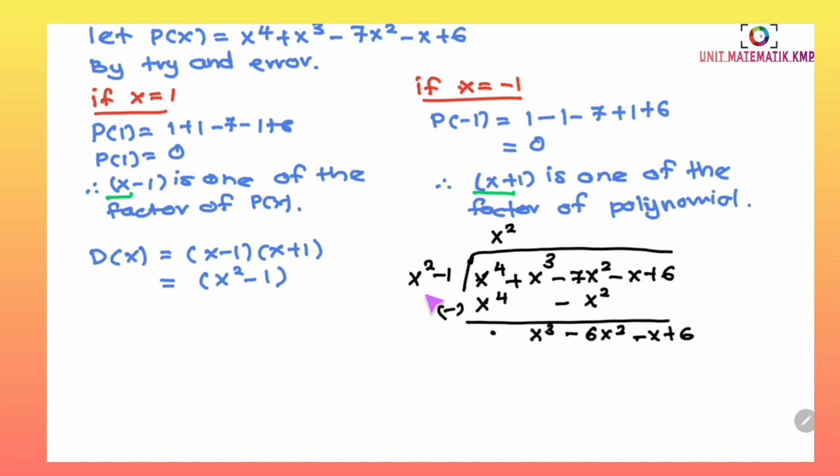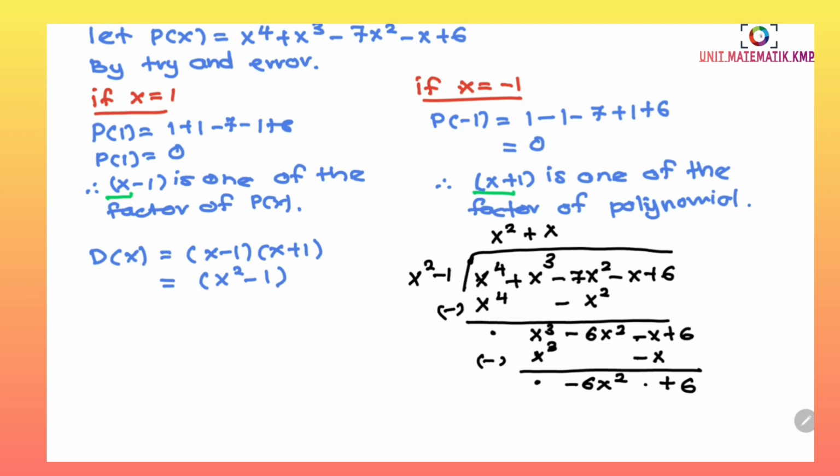So x squared times what equals x power 3? x squared times x, right? So here we have x power 3. x times negative 1 is negative x. Subtract, we have 0 here. Here is negative 6x squared plus 6, right? Negative x minus x is 0.